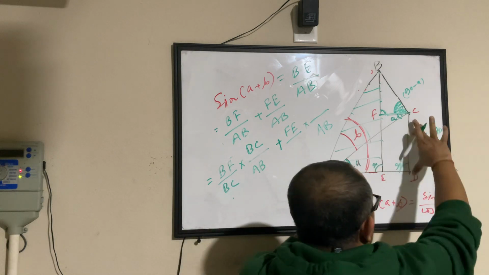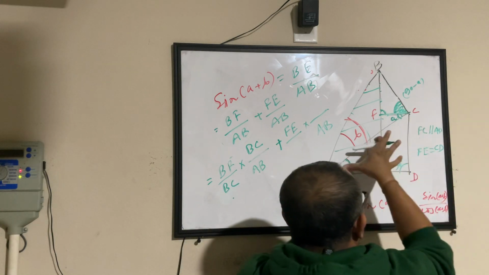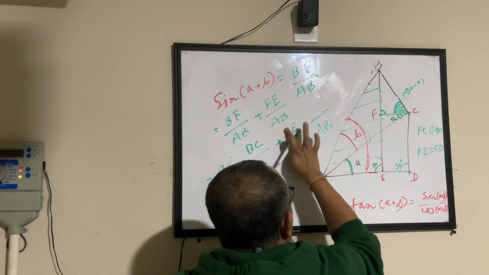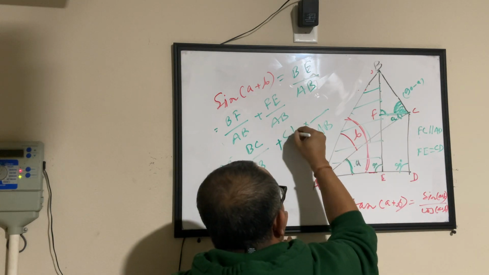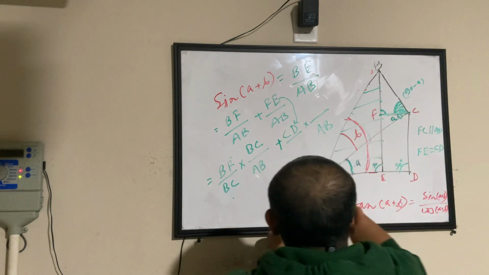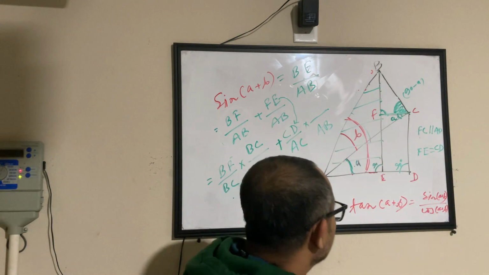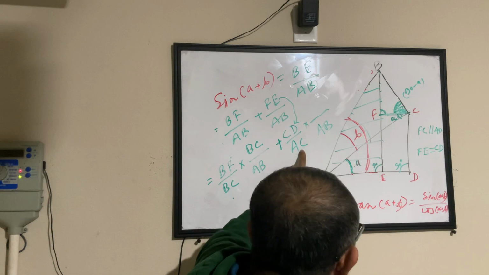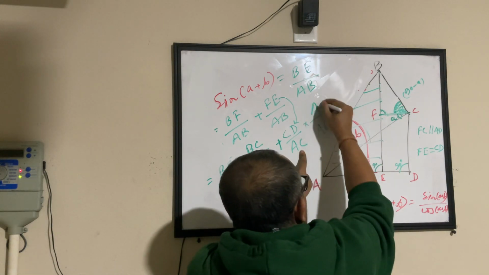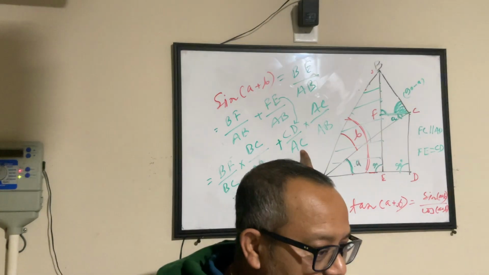So I got CD by AC. This FE is nothing but my CD, the same value. So I'm bringing AC into the mix. When I divide by AC, I have to multiply by AC also, so that my overall value doesn't change.